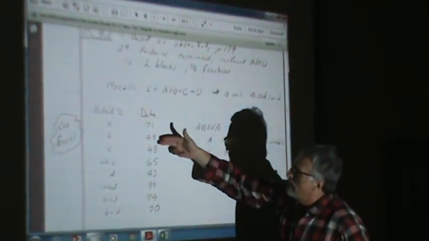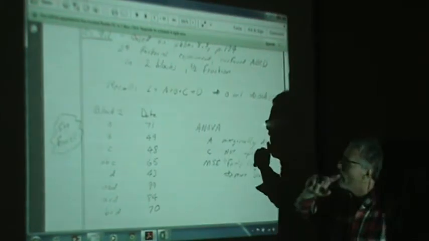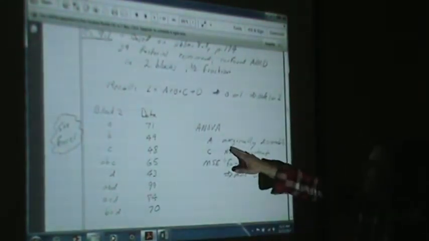And let's see. Remember, if you recall, or I've got it in the Excel. We had this data. So I'm going back. This is just the same example from last week. And we came up with A was marginally discernible, C was not, and our mean square error is kind of large, so we might want to do more data.